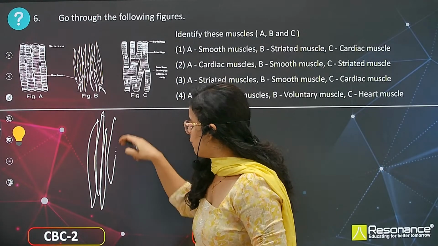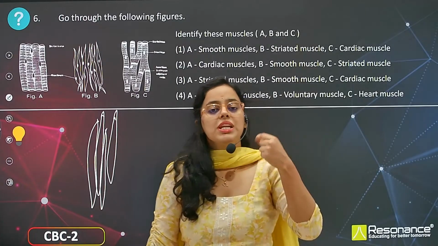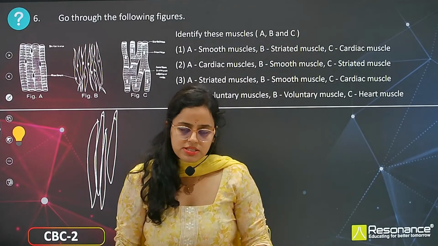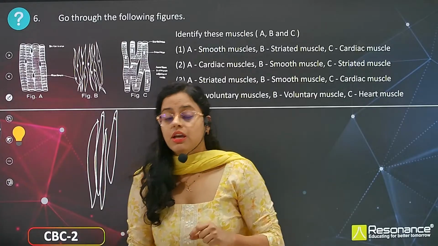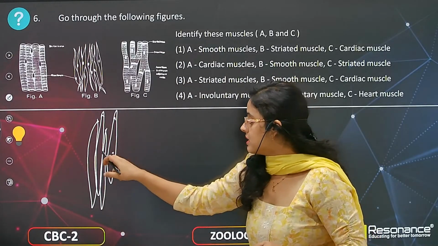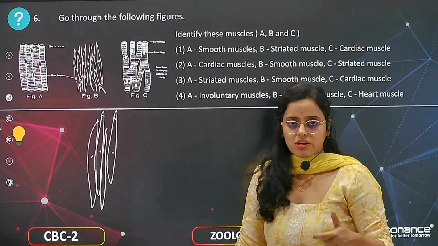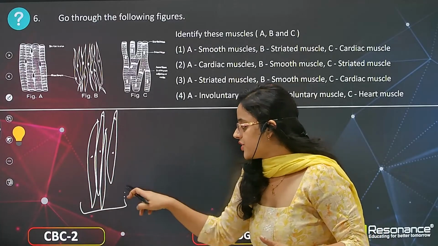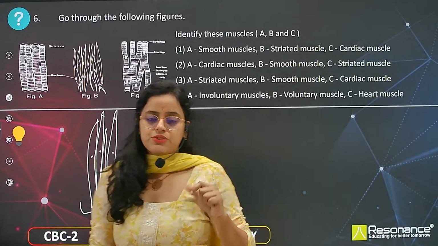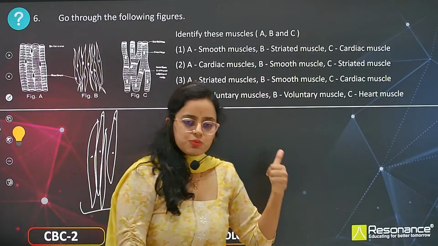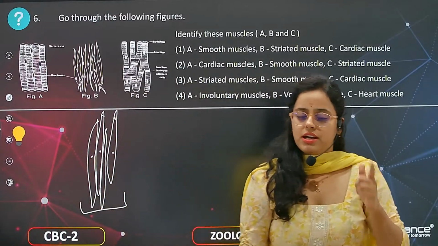Fusiform shaped cells are only present in smooth muscles or non-striated muscles, or we can also say involuntary muscles. But cardiac muscle is also involuntary. So here you have to specifically mention smooth muscle. So if your B is smooth muscle, then it is a correct answer.